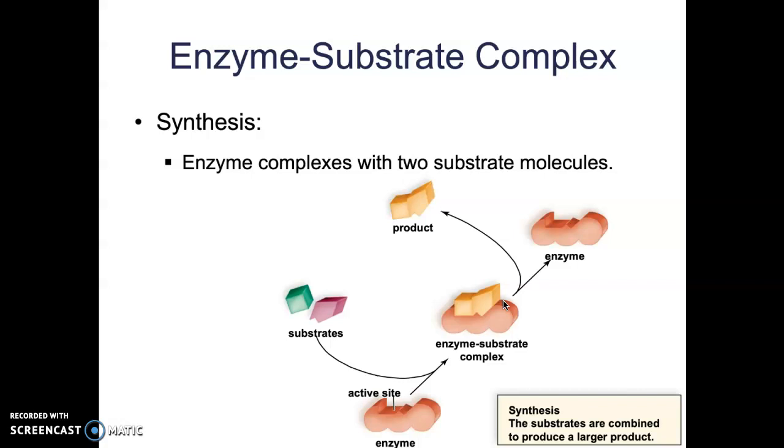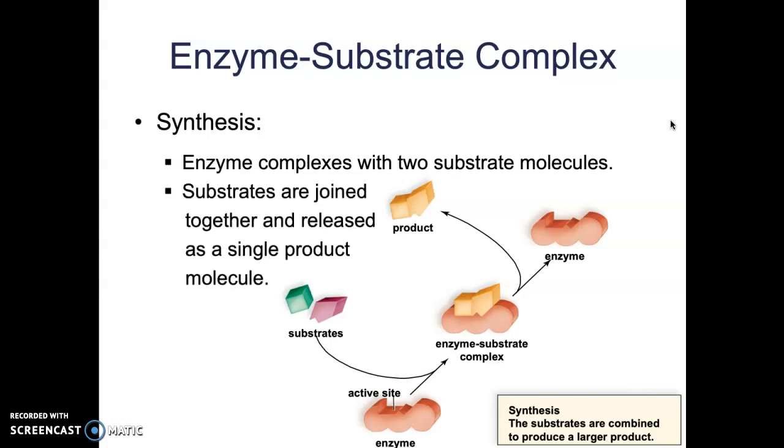So we take two substrates, put them into the enzyme, snap those two pieces together, and then we release the product and we have our enzyme. So this is how enzymes can start a synthesis reaction. Substrates are going to be joined together and released as a single product molecule.